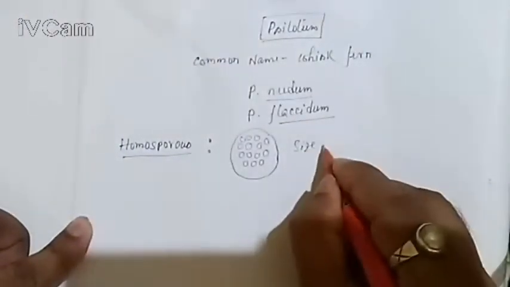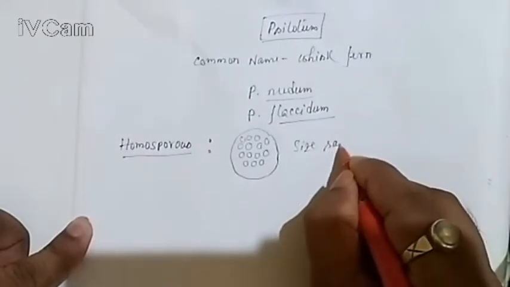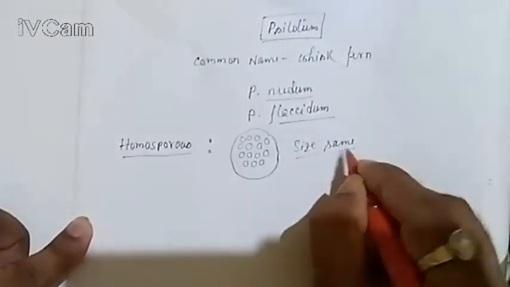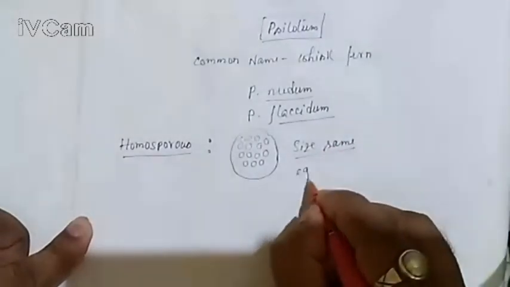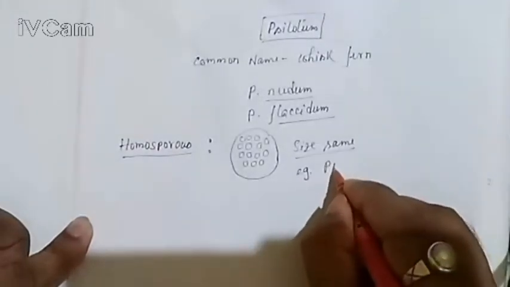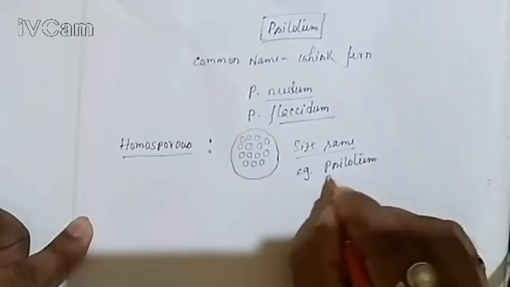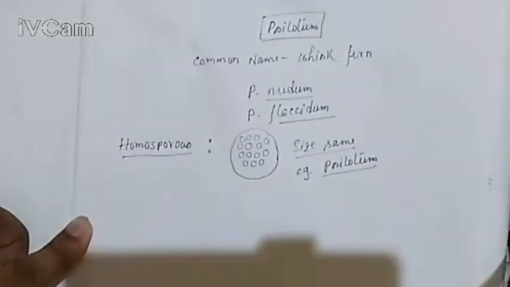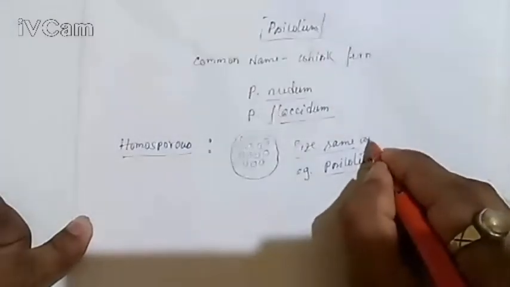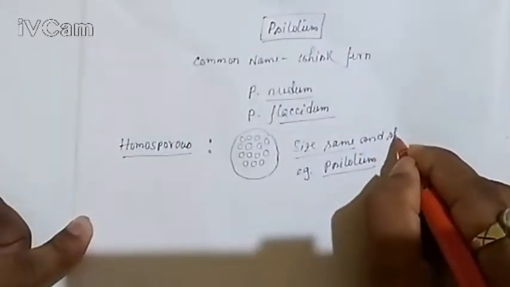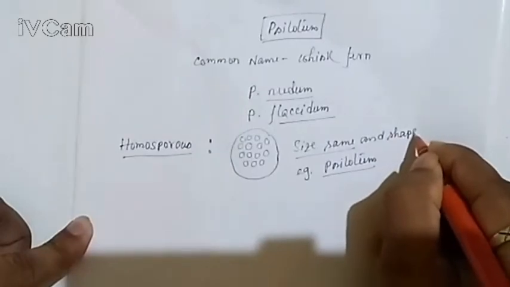Number one, size same. Example, psilotum. Psilotum shows the homosporous situation because all the spores are the same size and shape.